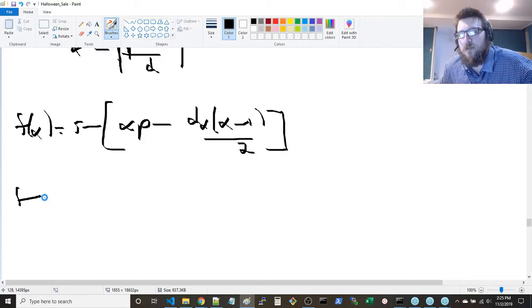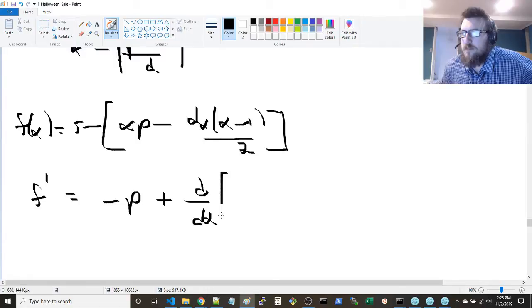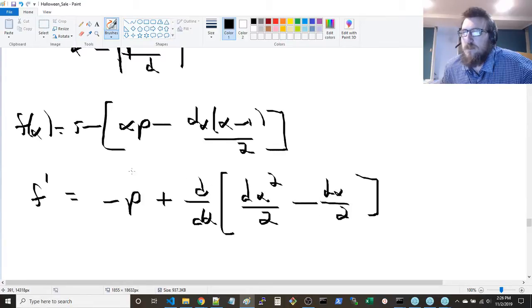So f prime is going to be, you know, this minus p plus, let's say, d alpha of d alpha squared over 2 minus d alpha over 2, right?